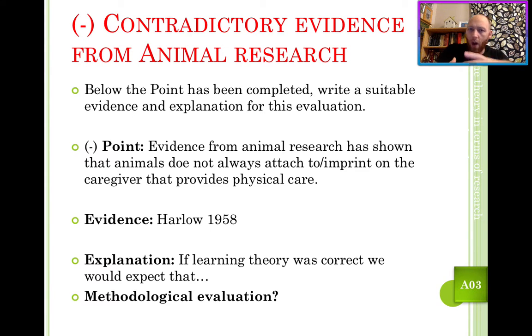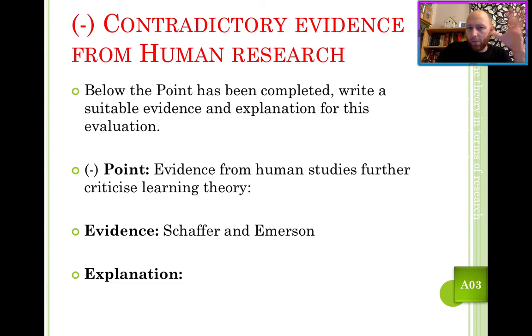What's more, with Harlow, the infant monkeys did not form an attachment to the mother that provided the physical care, i.e. when the wire mother had the bottle attached to her, the monkeys didn't form an attachment. They spent more time on the cloth mother. So it suggests that provision of reward is not solely how we form attachments, and that it seems to be innate.